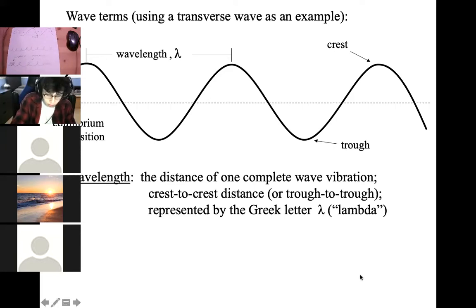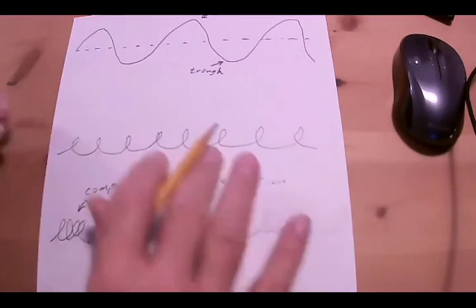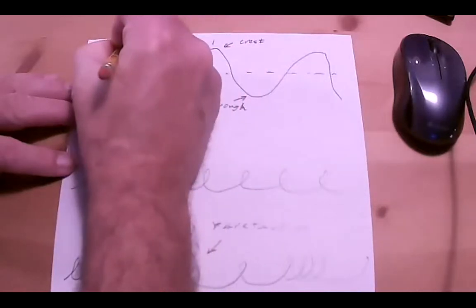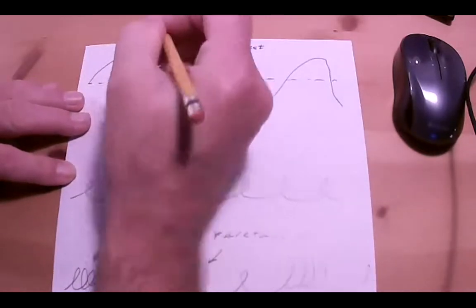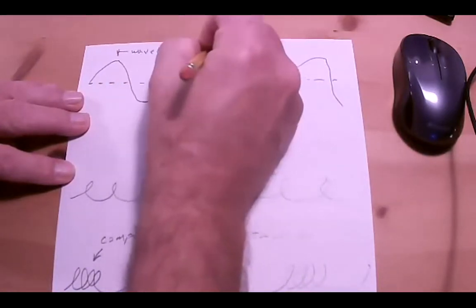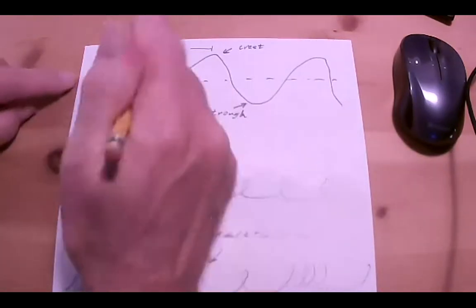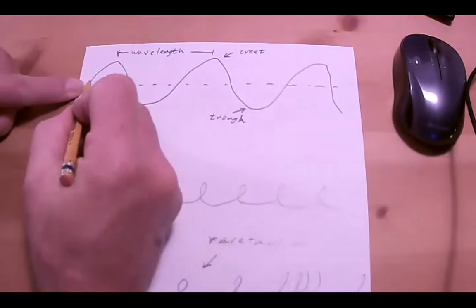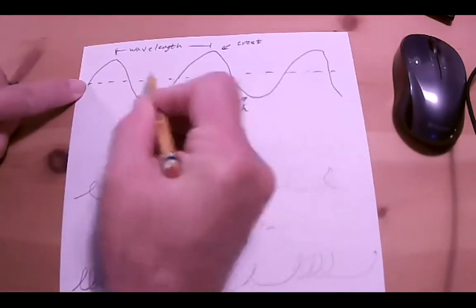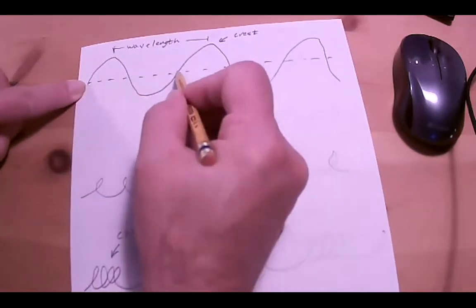Now I'm going to stop sharing once again. So wavelength would be the crest to crest distance. You guys see that? Or trough to trough distance. It's the distance for one complete wave, one crest and one trough.